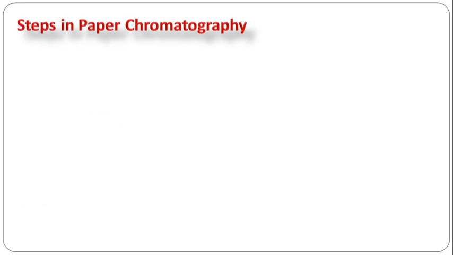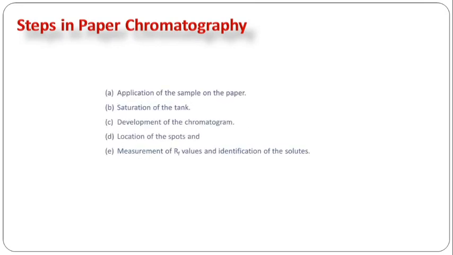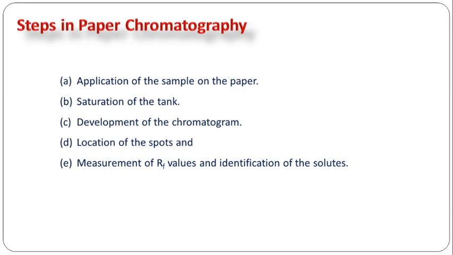Now we'll see the steps in paper chromatography. What are the steps we have to follow? There are five steps. The first is application of the sample on the paper. You have to apply the mixture of sample on an appropriate paper. Then saturation of the tank with the mobile phase. Then development of the chromatogram, where you run the solvent on this paper.